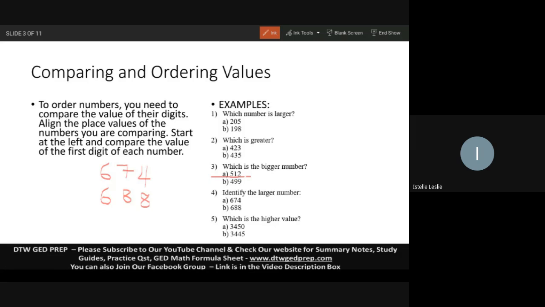Now we start from the left still. When we look at the digits on the 100 position, they are the same. So we can't conclude from this. So we move one step left. When we pick this, 7 and 8, which is bigger? Of course, 8 is bigger. So this makes the number below the bigger number. So 688 is the bigger number.